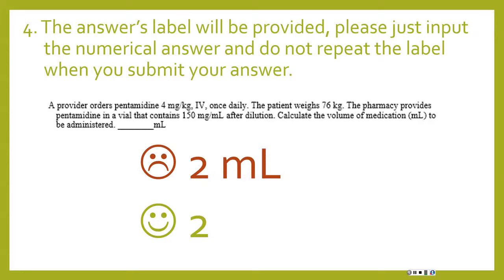So in the example problem here, you can skim over it if you want, but there's a blank and then it says milliliters. So you know you're looking for milliliters. I already have it labeled for you. You will not type in milliliters when you answer that exam item. If you do type in milliliters, it will be counted wrong because you need to type in just the answer. This is just telling you when you type in the answer, don't use a label, please.